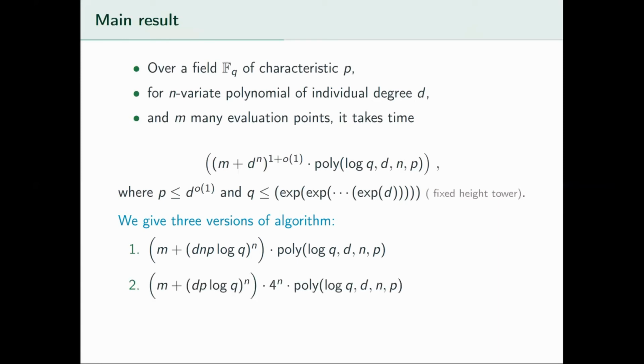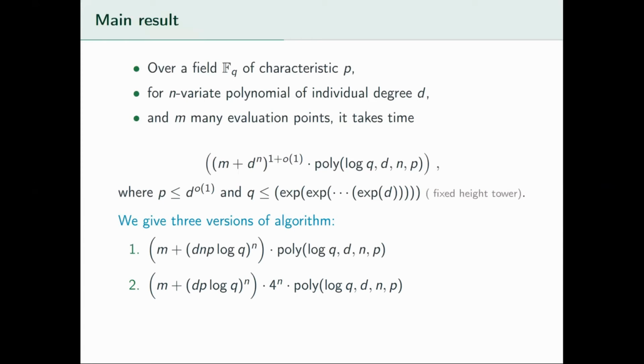In our second algorithm, we use some extra trick to remove this n to the power n thing, and we reduce that to 4 to the power n. And when the degree is more than a constant, something like little omega of 1, then this is interesting, because this 4 to the power n factor is much smaller compared to n to the power n.